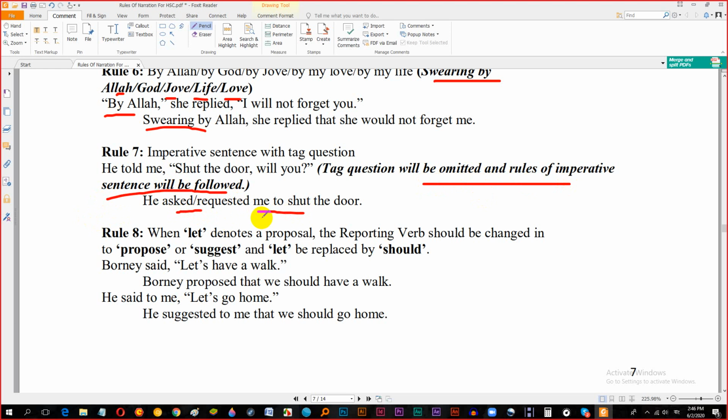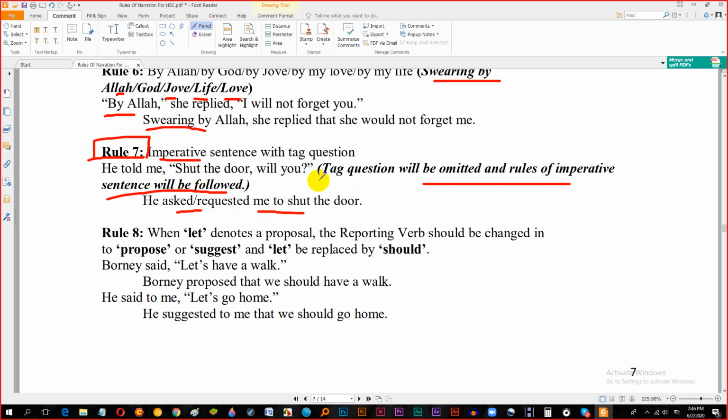Okay, Siam, another thing. Actually, I think we just did this same type of rule in assertive sentence. That's why it seemed to us that we had done it before. But actually, it may be different because we are now doing imperative, and before that we had done assertive.